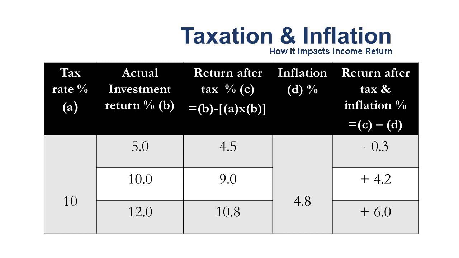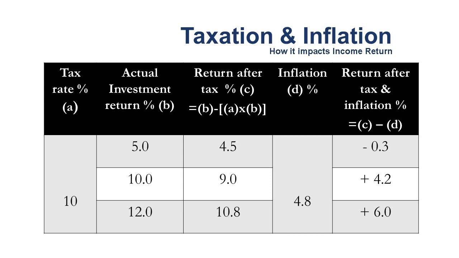Basically, your money is reducing in value by 0.3% after income tax of 10% on your return plus the 4.8% inflation. So okay? Now to cover back the tax and inflation, you make sure your return is higher.